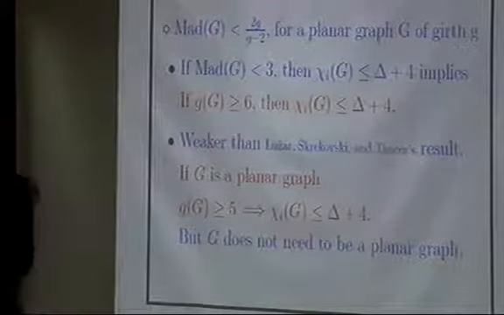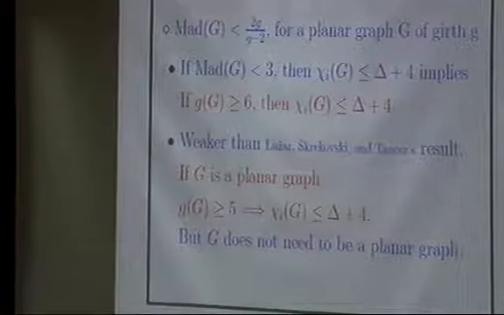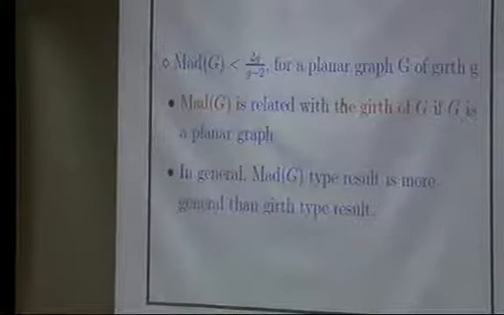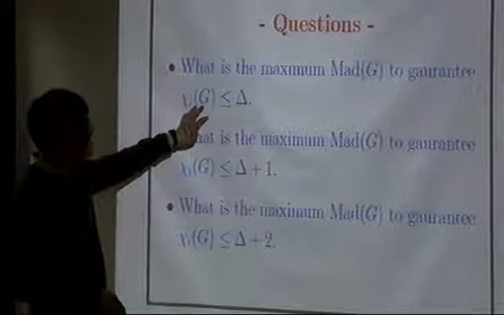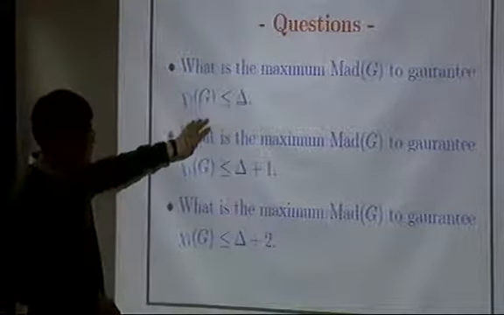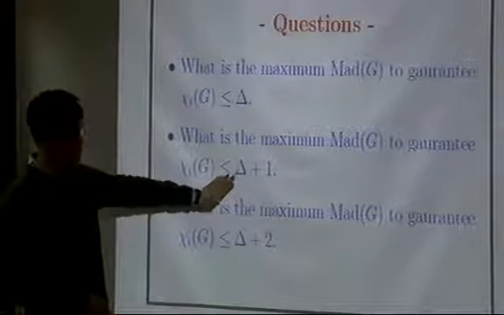So it means we have a general result. So okay, our main question is, what is the maximum average degree to guarantee the injective chromatic number is at most delta, and also at most delta plus 1 and at most delta plus 2.